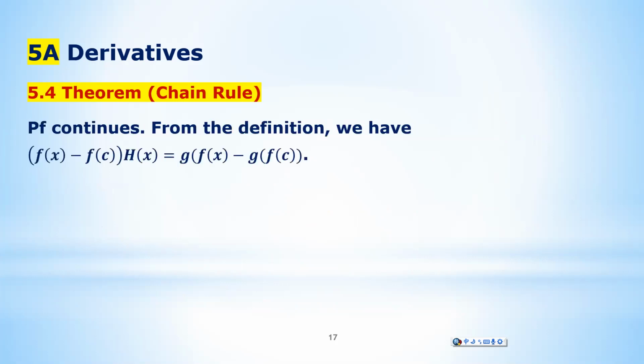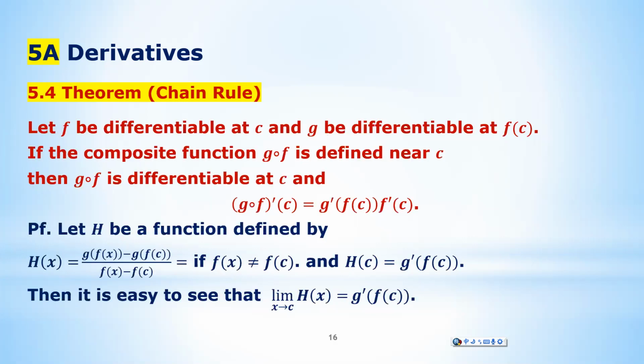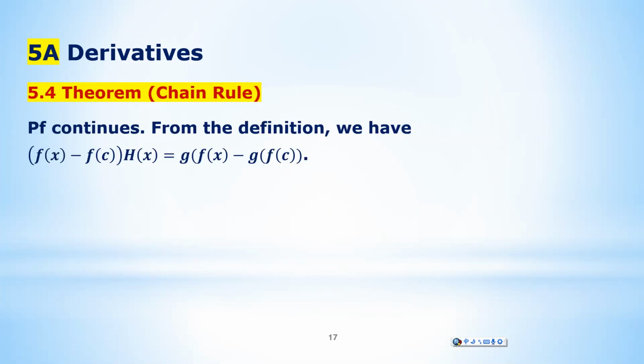If we manipulate this expression, f(x) minus f(c) times h(x): remember the previous h(x) had f(x) minus f(c) in the bottom. So if you multiply f(x) minus f(c) by h, the bottom cancels, and this gives you g(f(x)) minus g(f(c)).